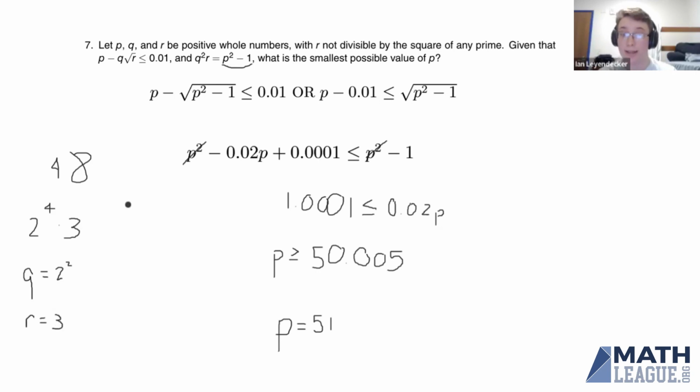That's just an example, and you can test it yourself to see that every single positive whole number can be written in the form Q squared times R, where R is not divisible by the square of any prime. So since that will work no matter what P squared minus 1 is, we can find values for Q and R that will satisfy this when P is equal to 51. So the smallest possible value of P is going to be 51.